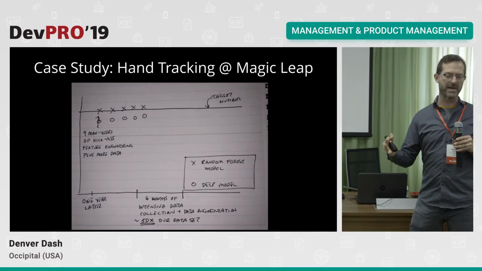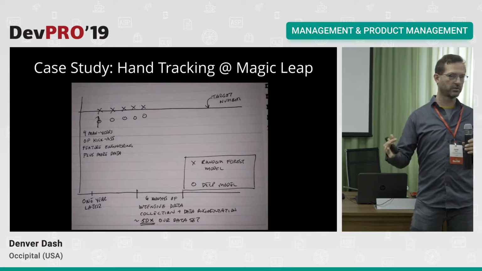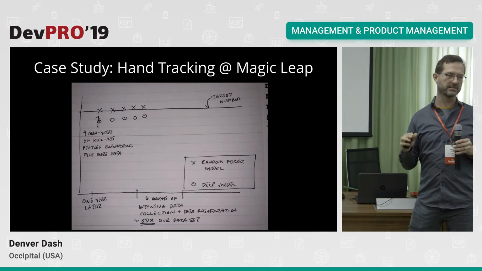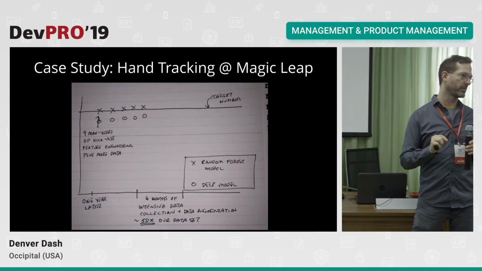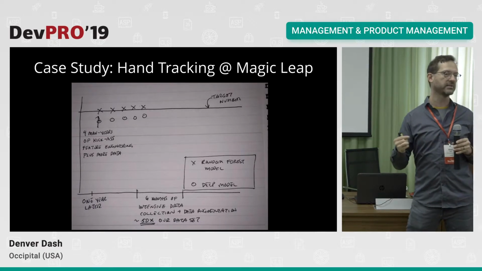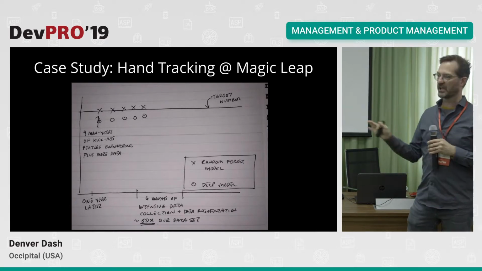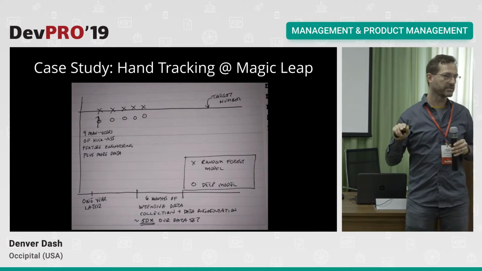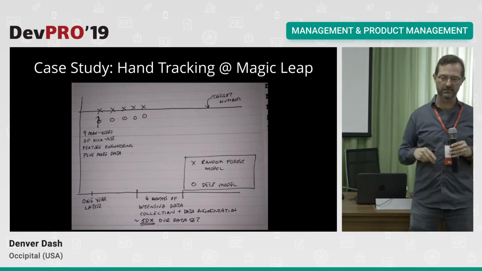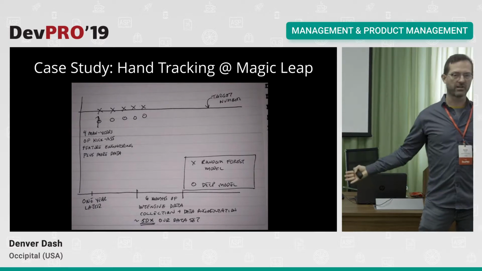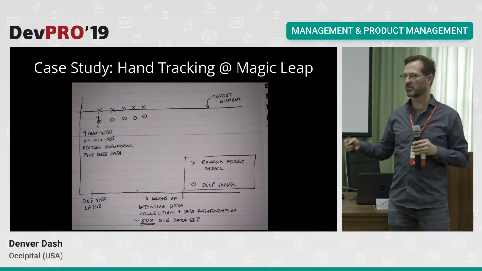We needed to do a massive test on a huge set of data to see if we were going to get to that super precise, super robust level that we need to release a product. So we went through six months of intensive data collection and clever data augmentation, as I mentioned earlier, to factor in all the different sources of variation for this problem.